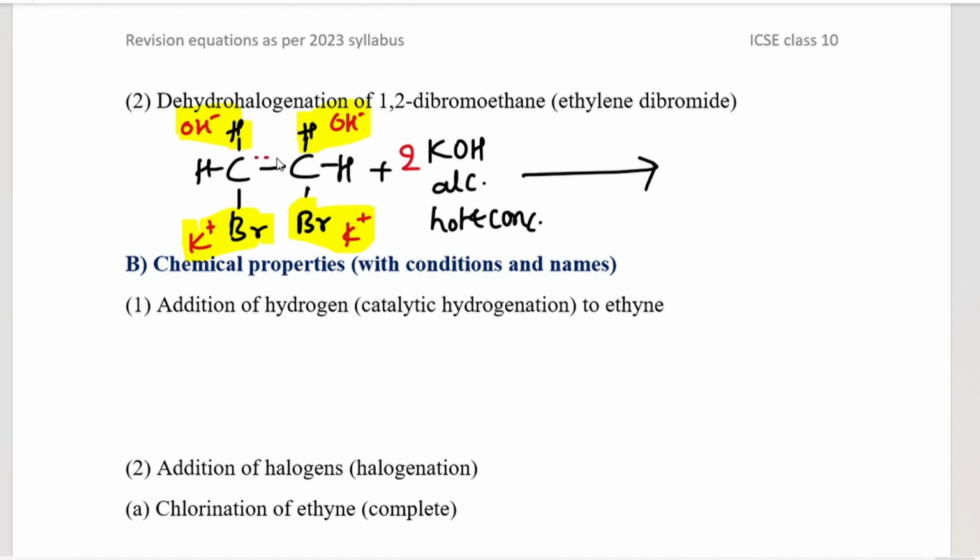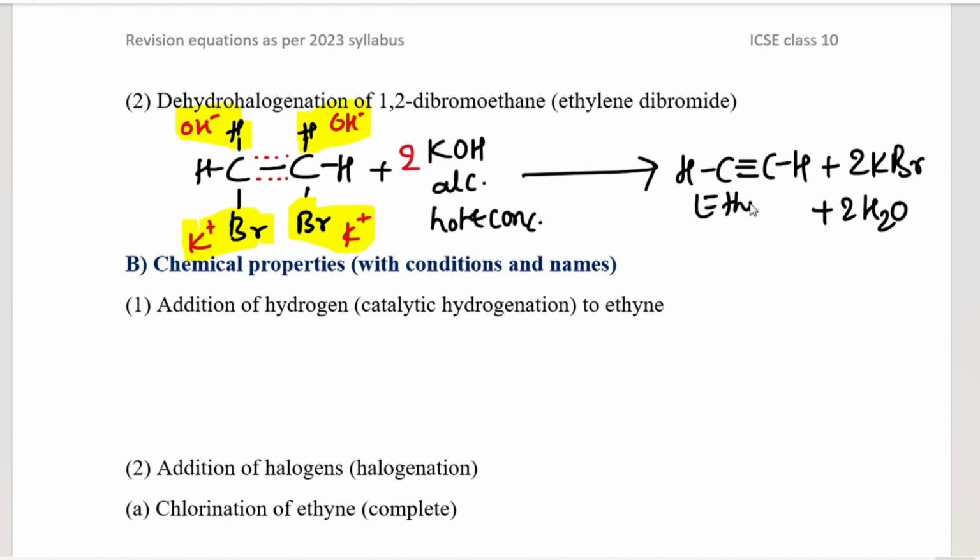A total of 4 atoms are removed, so two extra bonds should form between carbon and carbon. So that is a triple bond. HC≡CH plus 2 KBr plus 2H2O. So that's the balanced equation for the laboratory preparation of ethyne.